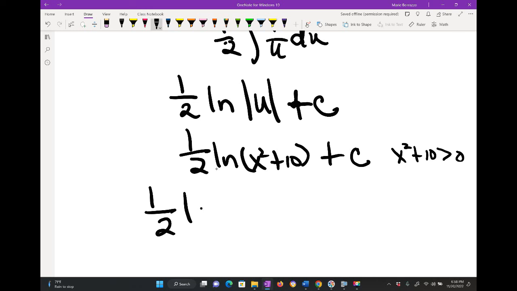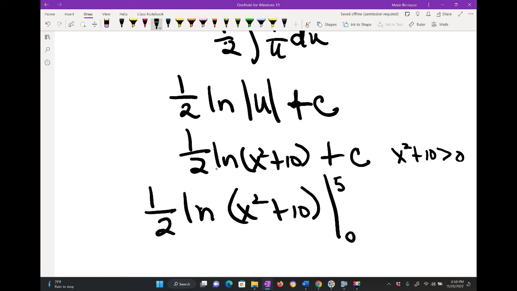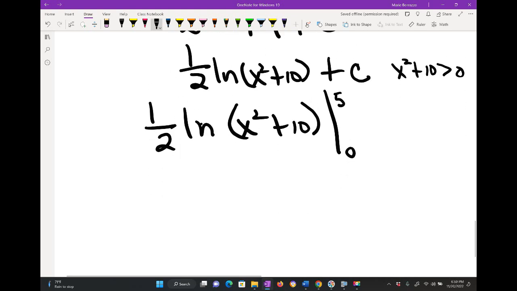The definite integral, so we get 1/2 natural log of x squared plus 10, and we're going to look at it between the interval 5 and 0. And so this becomes, and pay attention to this part because it's actually quite easy, 1/2 the natural log of 35.